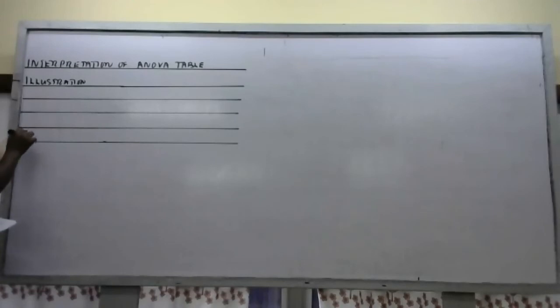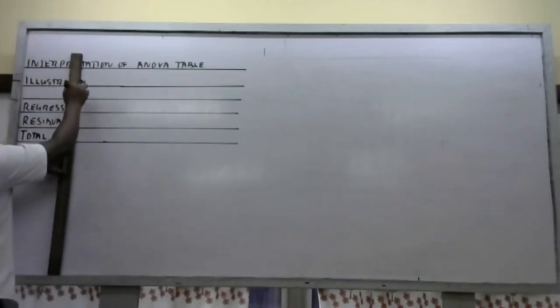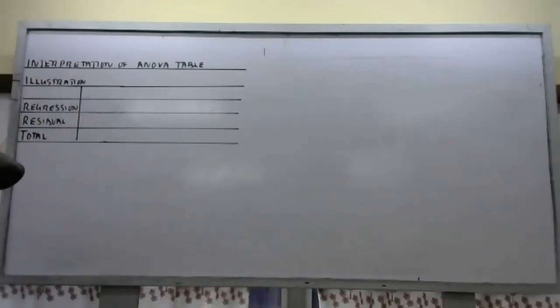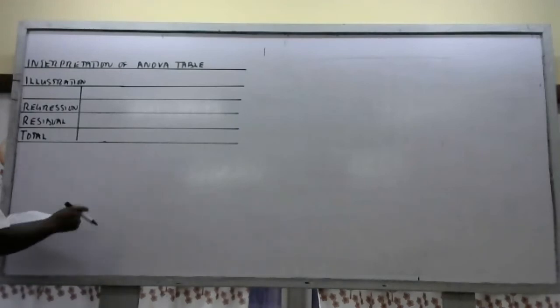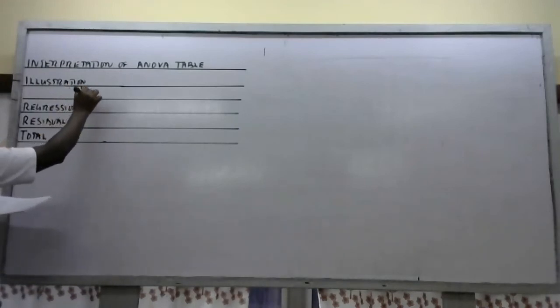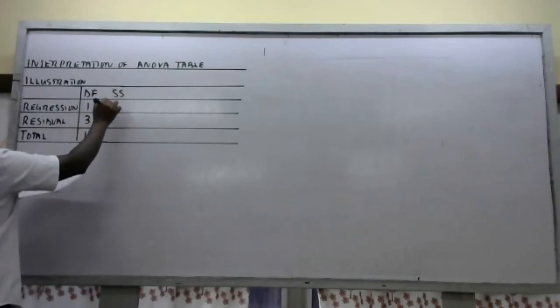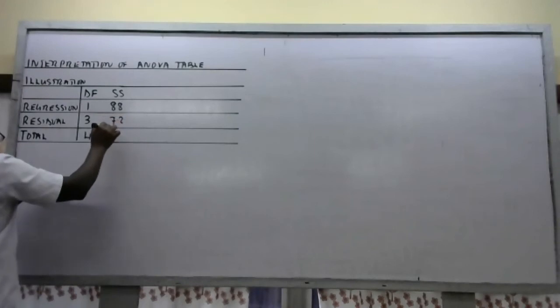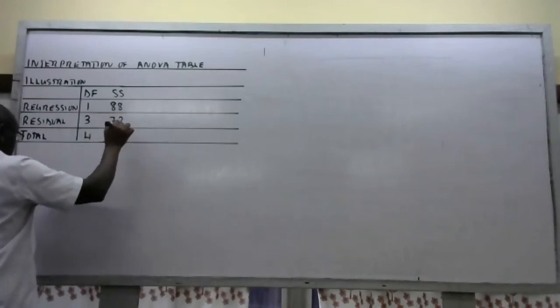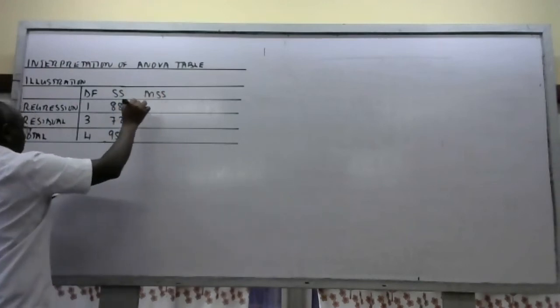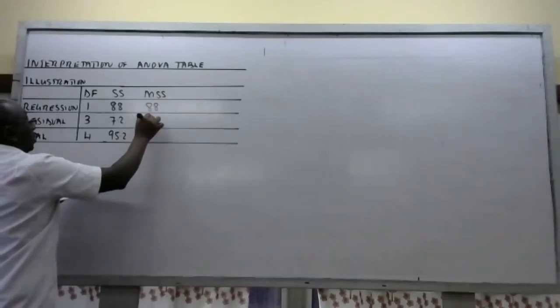So here I have the rows called residual and regression, and the columns. DF: 1, 3, 4. SS: 88, 7.2, 95.2. MSS: 88, 2.4.